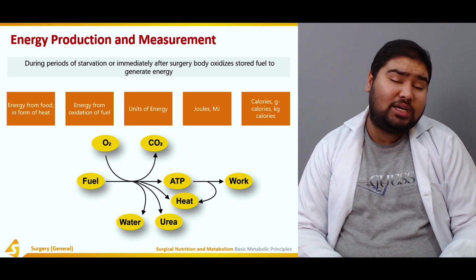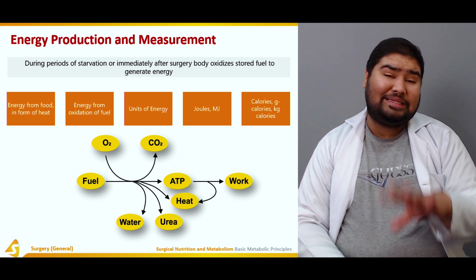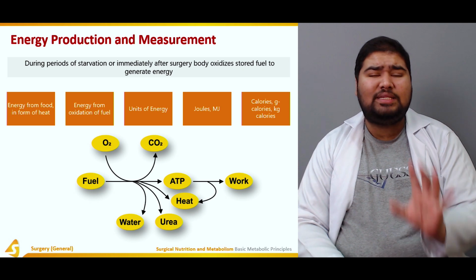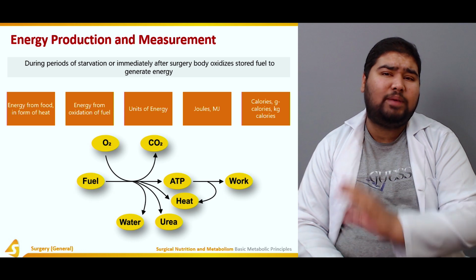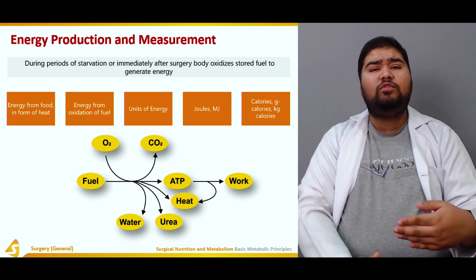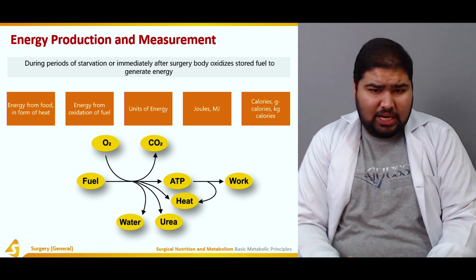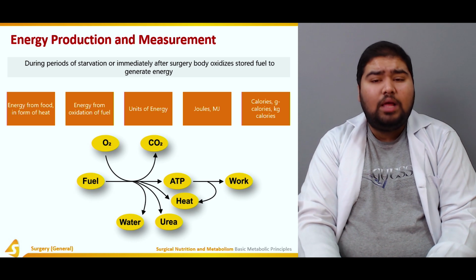The production of energy is not very efficient in the human body. There are different figures, but some say only 33% of the energy is actually utilized by the body. The rest is dissipated as heat. So energy from the food is dissipated as heat. There is energy from oxidation of fuel as well.